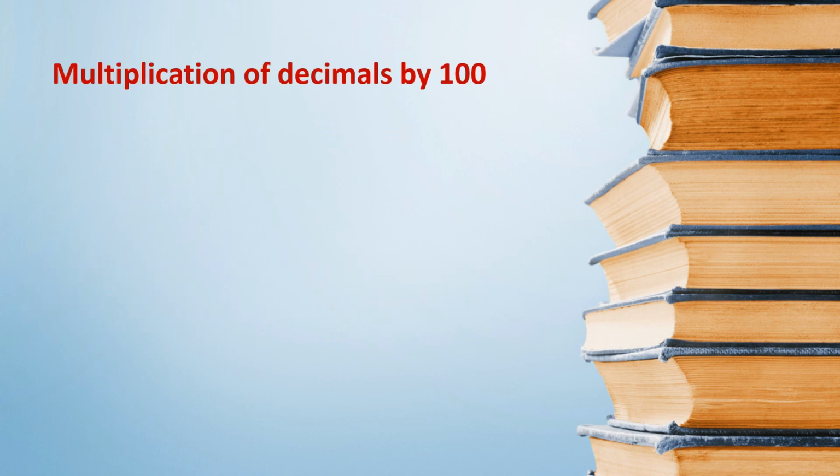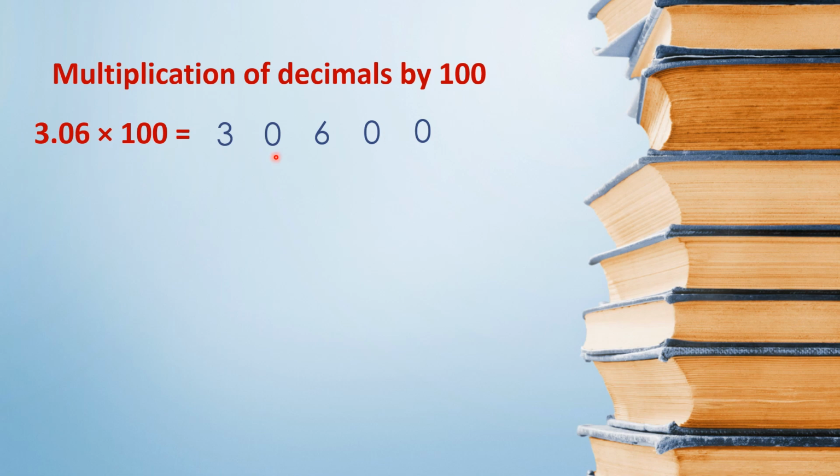Now let us understand multiplication of decimals by 100. Just see 3.06 multiply by 100. At first multiply this number by 100 by assuming that it is 306. Ignore the decimal this time. So 306 multiply by 100. It is very easy. Just write 306 and these two zeros.